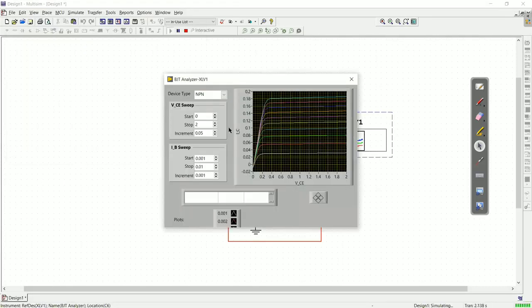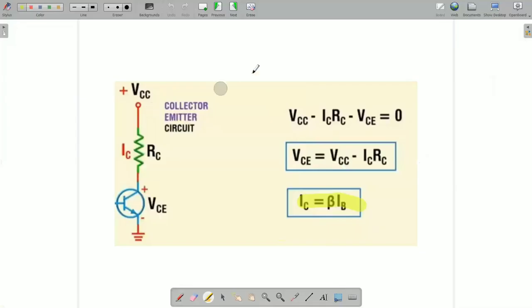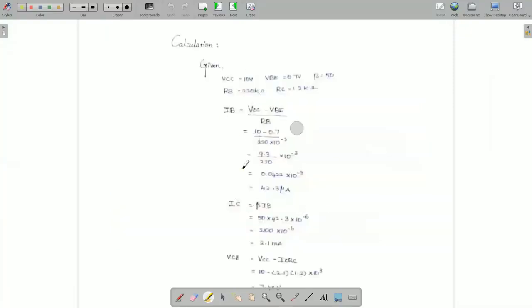It is a load line graph, that is, the IC versus VCE graph, and this line is IB. Let's compare this with the calculation. This is the calculation I have done, finding IB, then IC equal to beta IB, and then finding VCE.